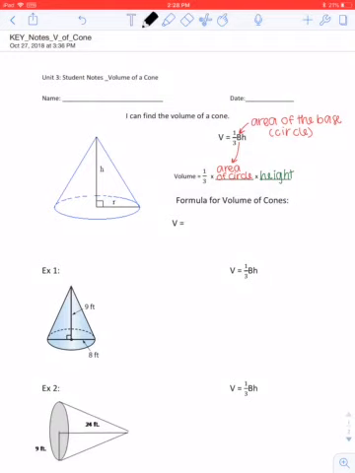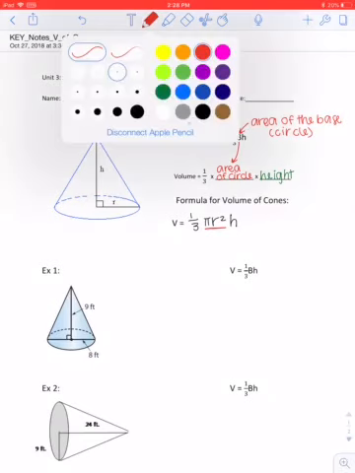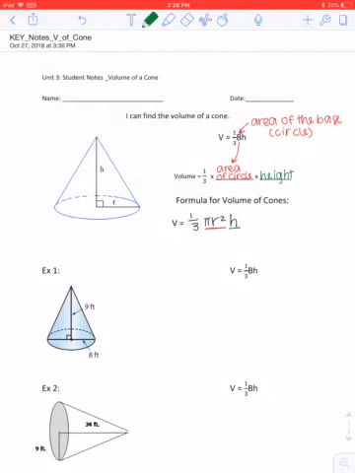So when we make it cone specific, our formula becomes 1/3 pi r squared times the height. So we have the area of our base times the height of our figure, which in this case is our cone. That's where the formula comes from.